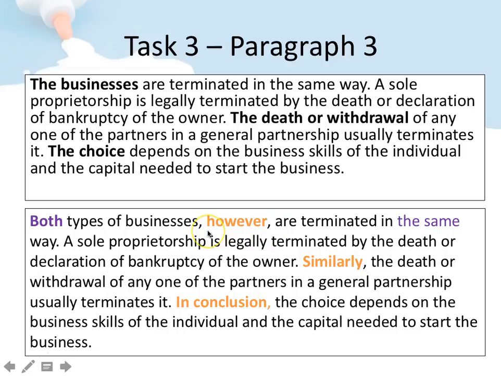This is a great example of how, however, does not need to be at the beginning of a sentence. Both types of businesses, comma, however, are terminated in the same way. And so we have some connection of the ideas, not just in linking words, but also using some of these meta structures.